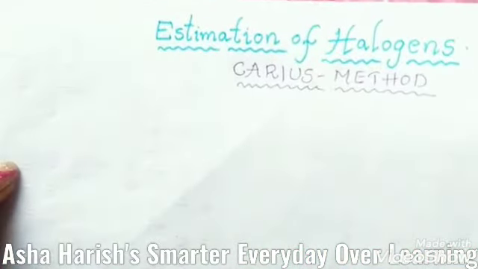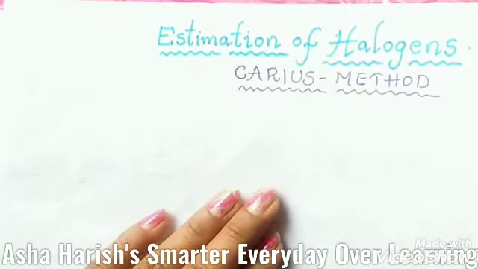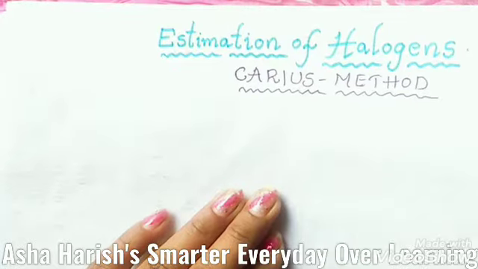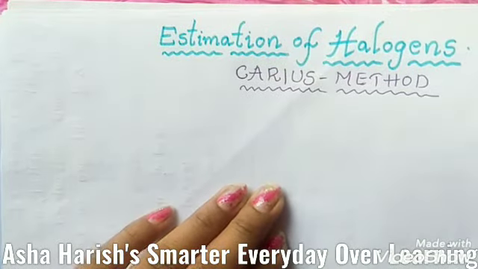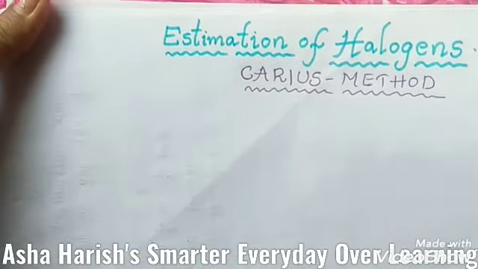Estimation of halogens by Carius method. What is the main principle involved in this? Let's see now.